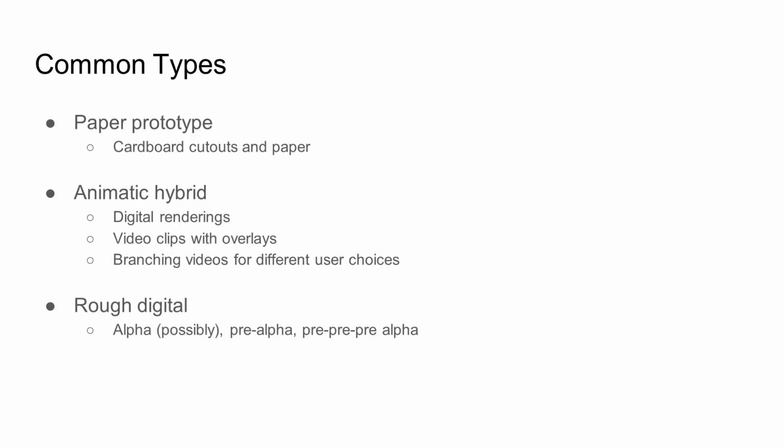We'll talk a bit about the pros and cons of using either a non-digital or a digital prototype, but essentially this rough digital is just the latest build of the digital project that you've got. So it can be in any stage of development, from mega super rough with no polish whatsoever to maybe the alpha stage.